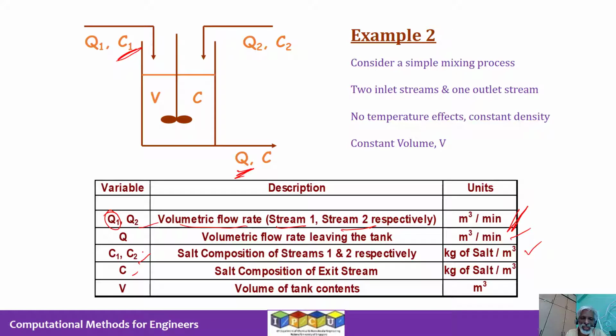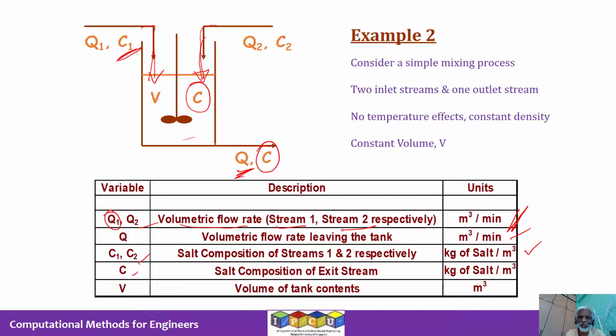Interestingly, because of this well mixed assumption, at the vessel exit the concentration will be the same as what is inside the vessel. The moment any liquid volume falls from this stream or from this stream into the mixer here, the concentration will reach a value C. It will be homogenized.